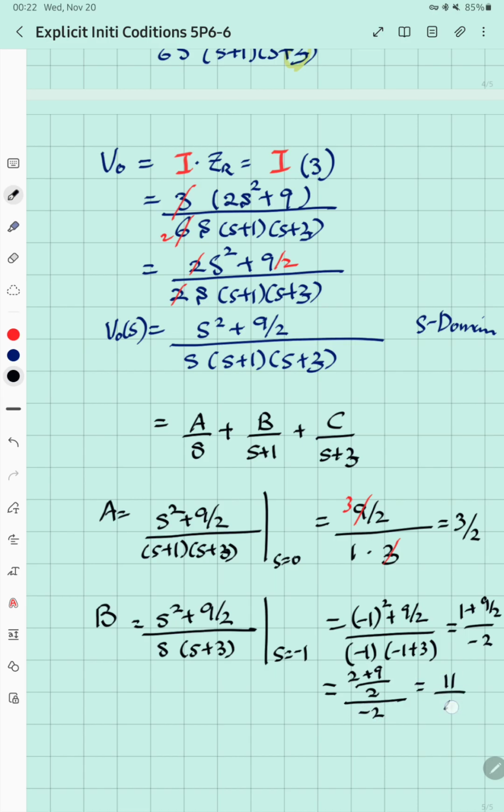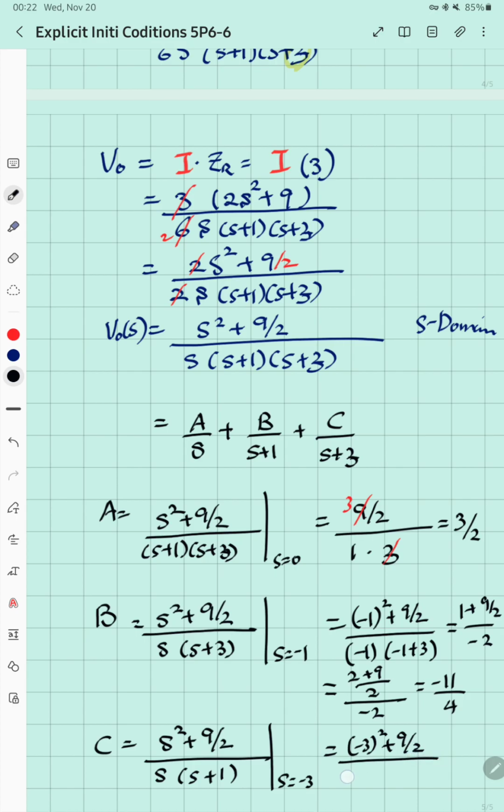That is 11 over 4, and that with the minus sign. Let's keep going with the C. C would be still 2s squared plus 9 over 2 over s times s plus 1, and you plug in when s equals minus 3. So 2 times minus 3 squared plus 9 over 2 over minus 3 times minus 3 plus 1.